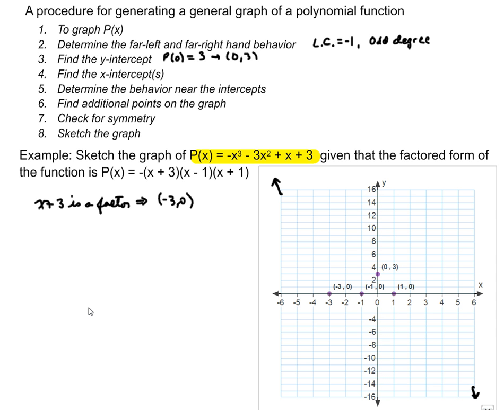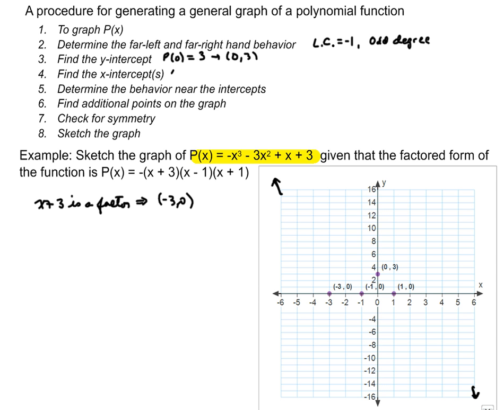Well, what else could we tell? We look at these points and we might be interested in finding extra coordinate values to plot along with them. So that's what I'm going to do right here. I'm just going to pick some points.